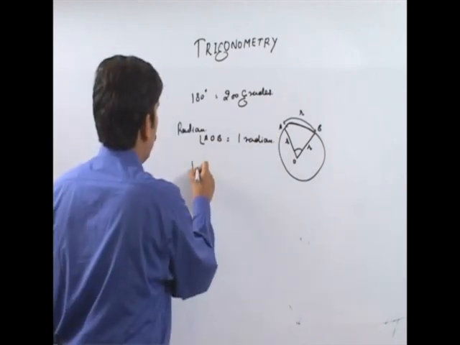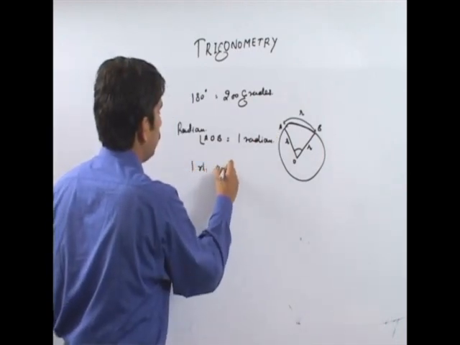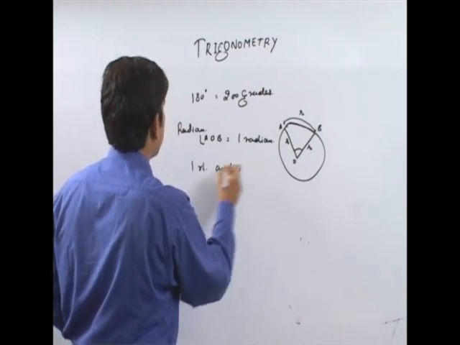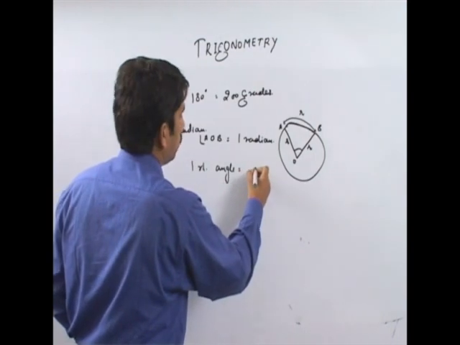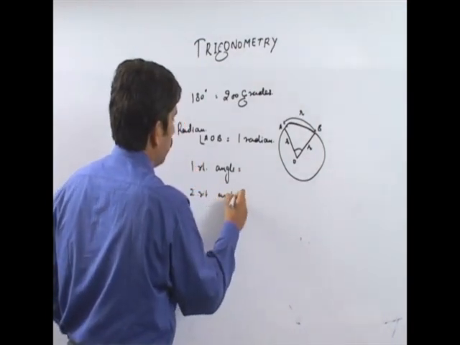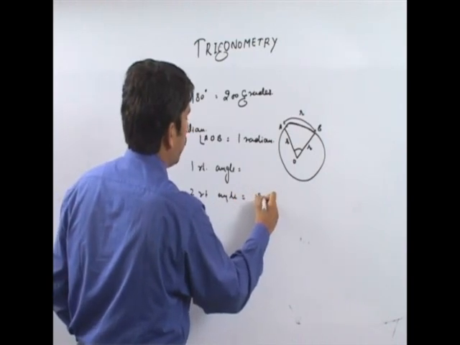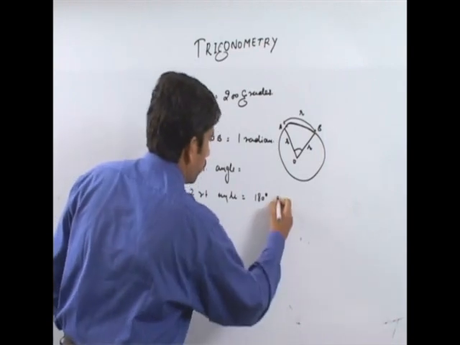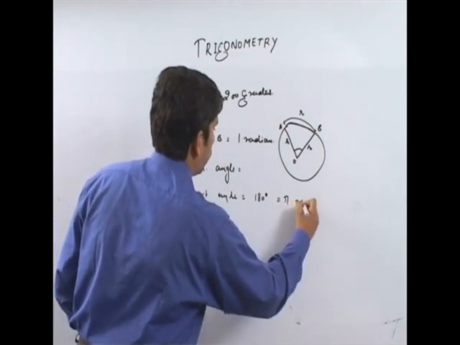Here two right angles are equal to 180 degrees, which is equal to pi radians.